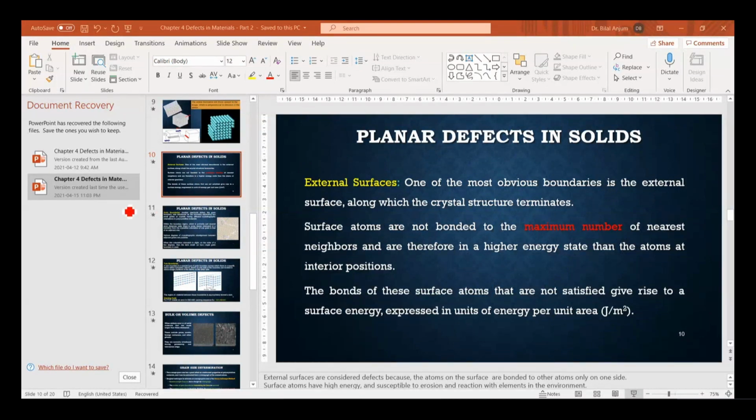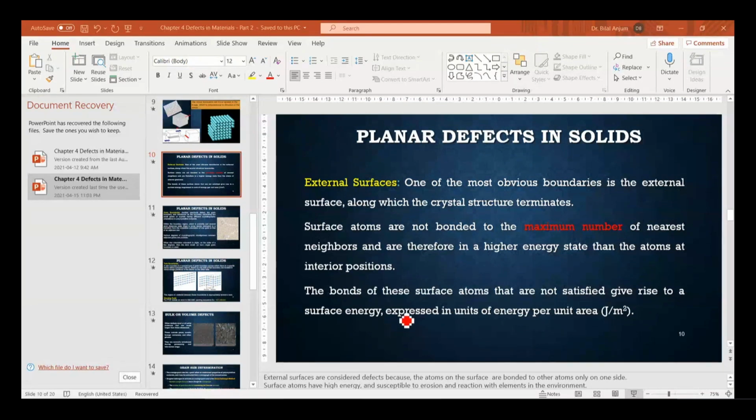Surface atoms are not bonded to the maximum number of nearest neighbors and therefore are in a higher energy state than the atoms at the inner position. So if you have, let's say, these atoms located somewhere inside, and this is basically your surface.